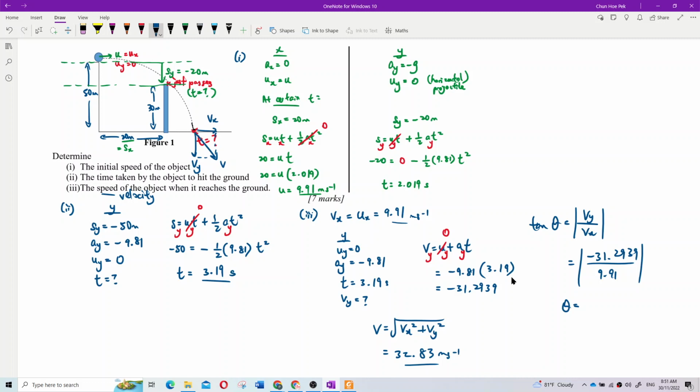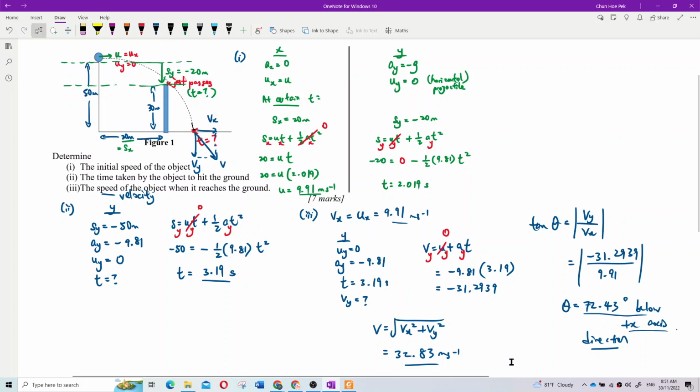Your calculator needs to be in degree mode, not radian, so be careful with degree and radian. The answer is 72.43 degrees, and then you need to write below the positive x-axis. That's the direction. That's the answer. All right.